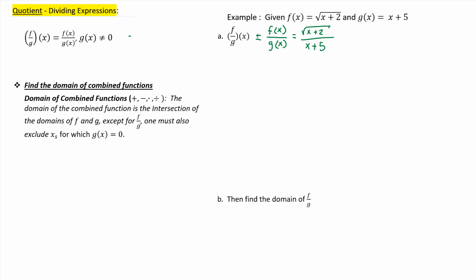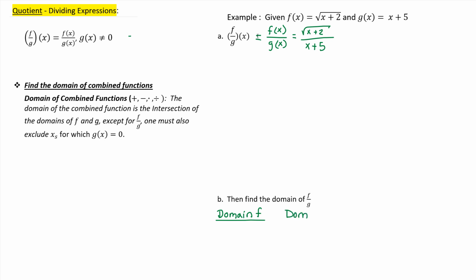When you're dealing with the domain for division of functions, you consider the domain of each of the functions, both f and g. We need to consider the domain of f, and we need to consider the domain of g.